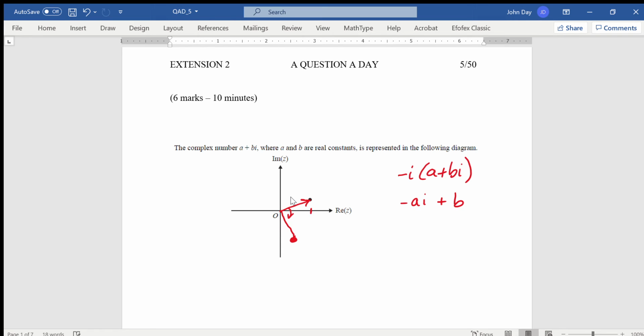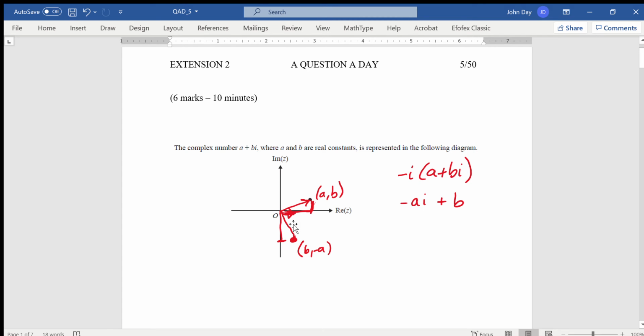Because a is this distance out to here, so you're going to go down minus a when you do your y, because that's the y coordinate, like x and iy. And b is only going to be a little bit out because b was only this little bit here. So that point there is b and minus a, if that was a and b.